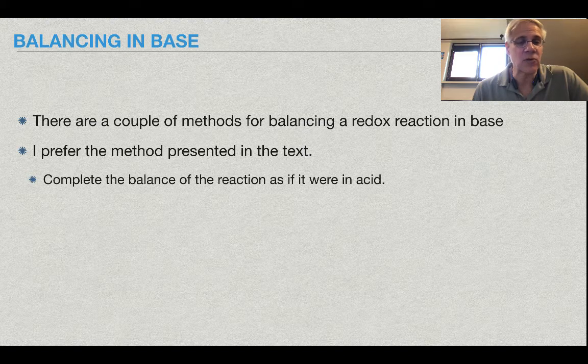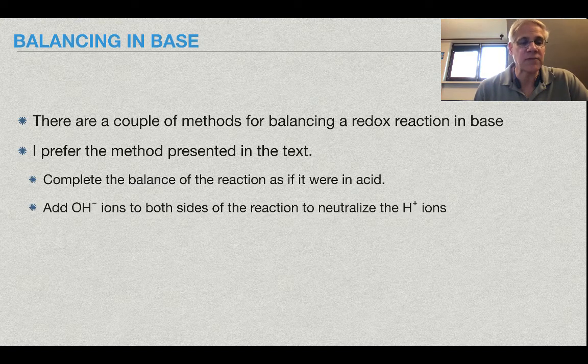So the first thing we do is, even though a reaction says that it's balanced in base, we balance the reaction as if it were in acid. Once we've finished balancing it in acid, then we add OH minus ions to both sides of the reaction to neutralize the H plus ions.